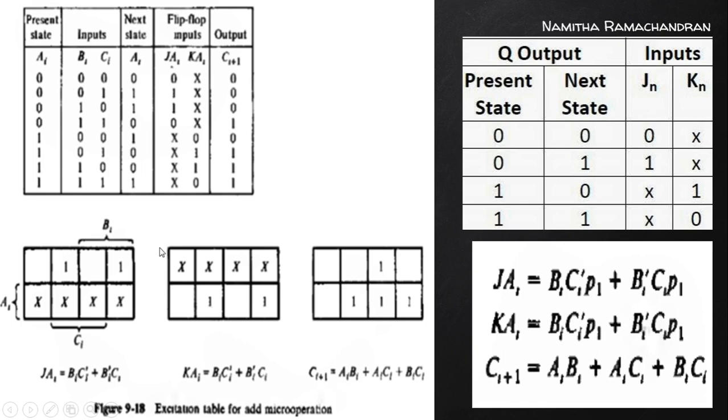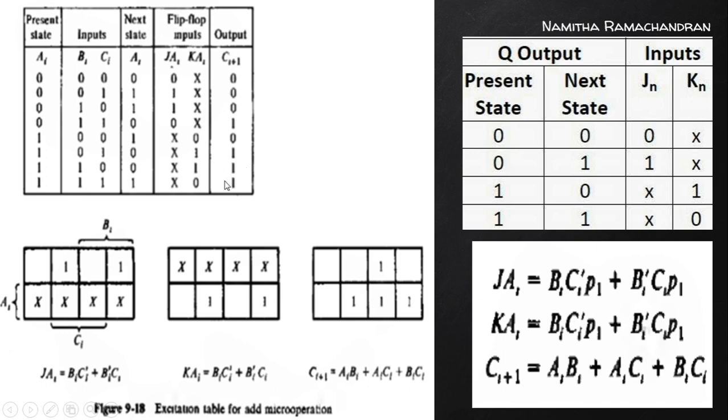And similarly here, after simplifying this, the configuration is this one is AI and this is BI CI, column wise. So while simplifying this, we get the expression BI CI complement plus BI complement CI.